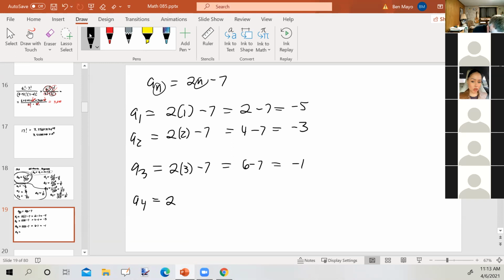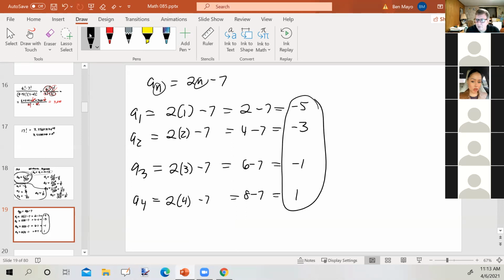A sub 4 would be 2 times 4 minus 7, which is 8 minus 7, or +1. So here are the first 4 terms. We okay with that? Yes, thank you. All righty. Anyone else, or you again, another specific problem you'd like to look at from 14.2?